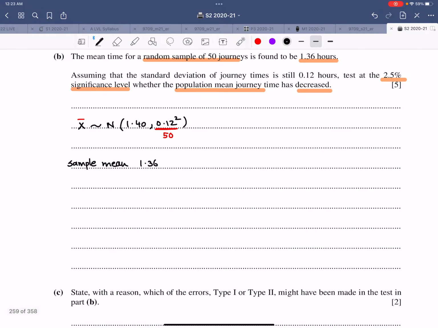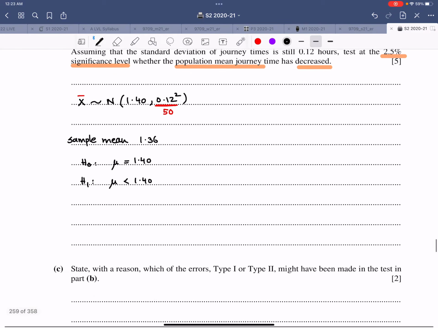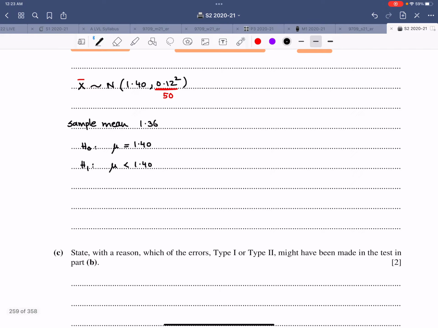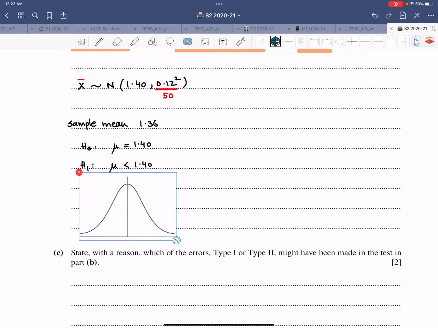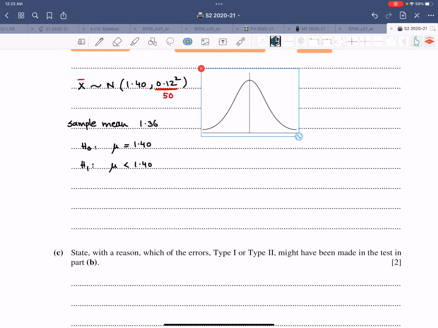H0 and H1 you should always state: H0 is mu equals 1.40, H1 is mu is less than 1.40, since it's talking about a decrease. Now let me grab the normal distribution curve because we will be needing it very soon. Let me paste it here.